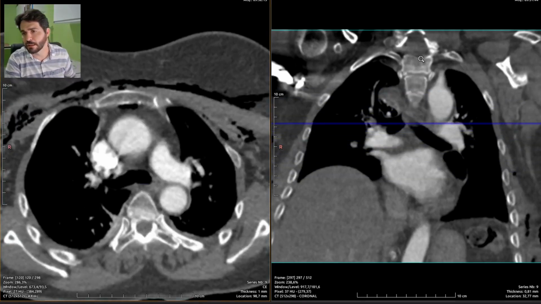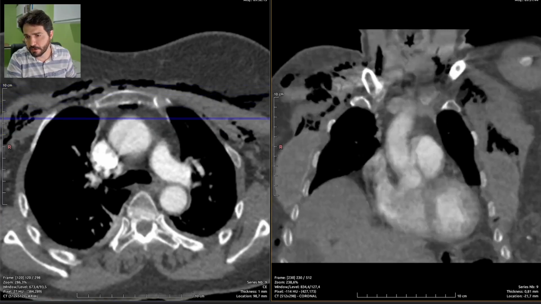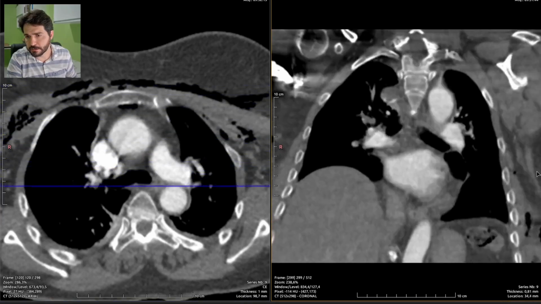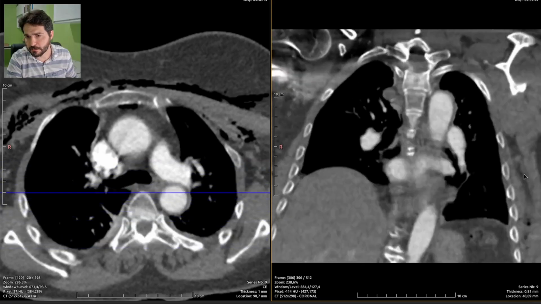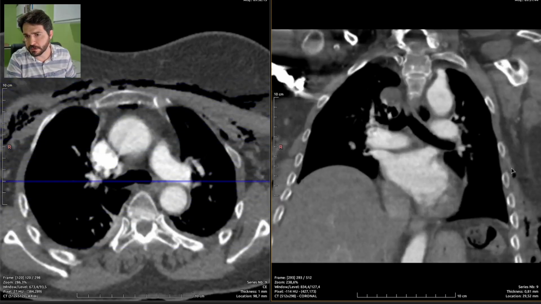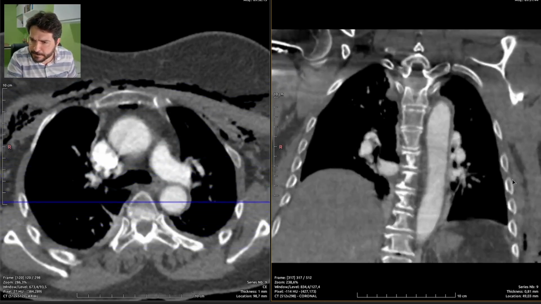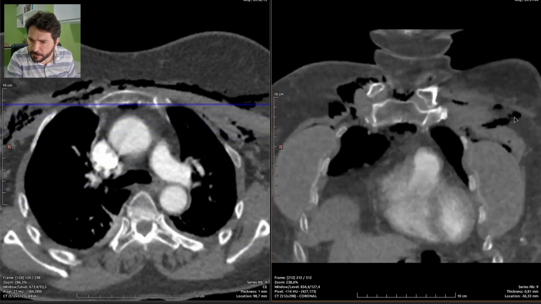This is an angiographic exam. So let's keep ourselves focused on what is important for the diagnosis we are looking for.